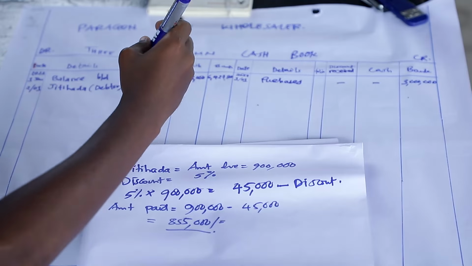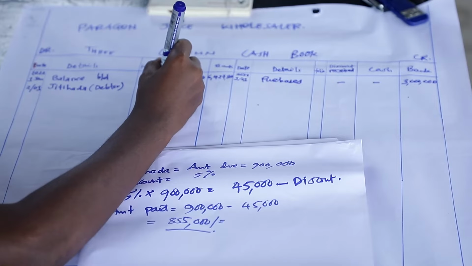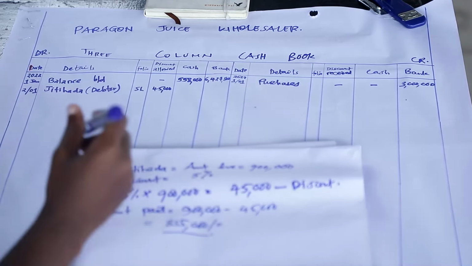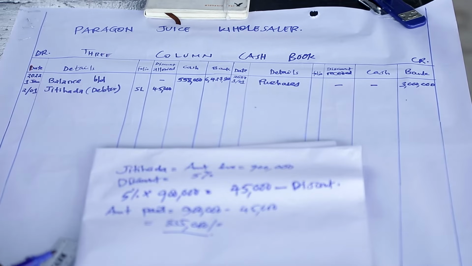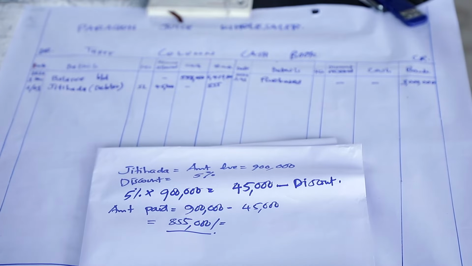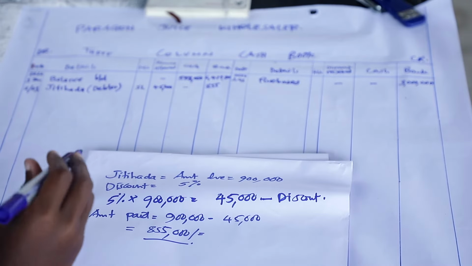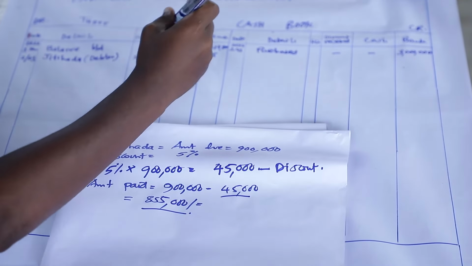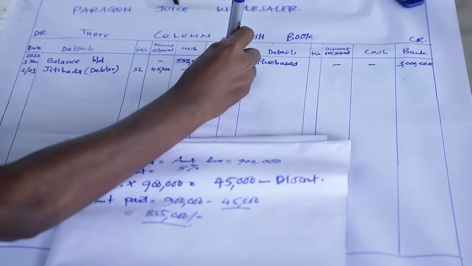So the discount allowed was 45,000 and Jitihada paid only 855,000. So after writing off this discount, you will go and record 855,000 in the bank column.